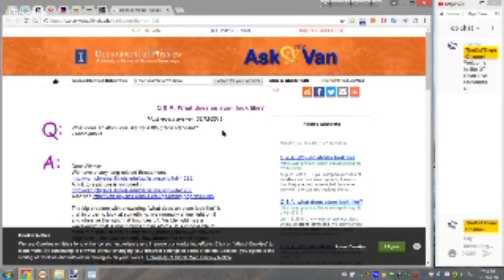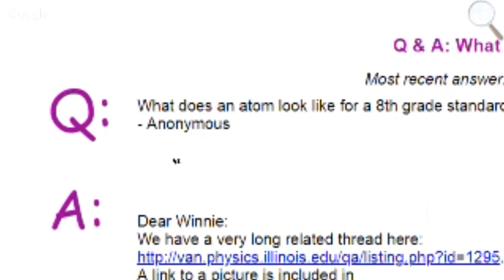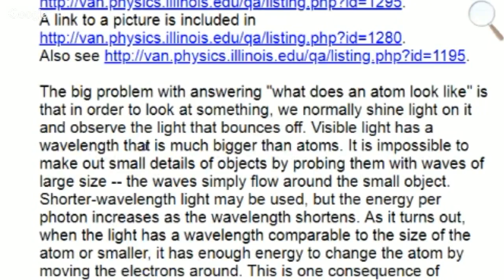Here we go. We've got some more on atoms here. What does an atom look like? And here we go. The big problem with answering what an atom looks like is that in order to look at something, we normally shine light on it and observe the light that bounces off.